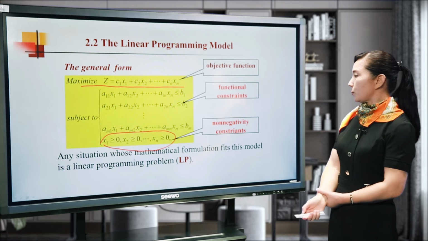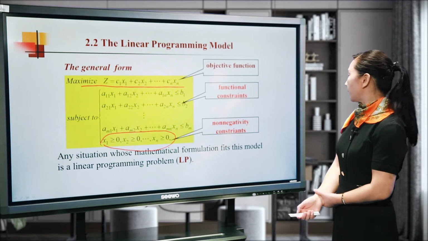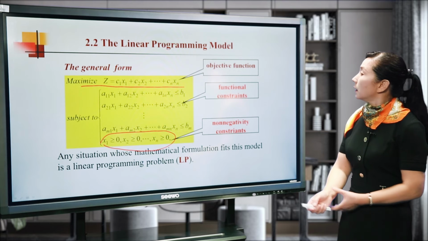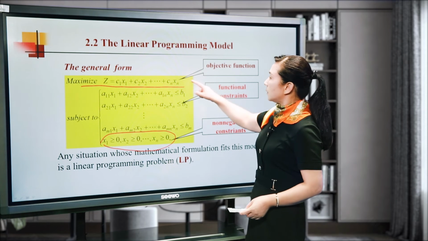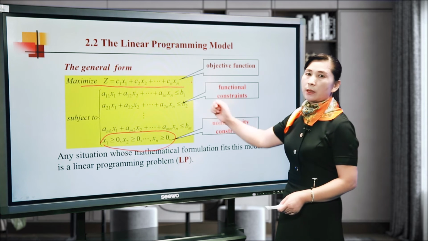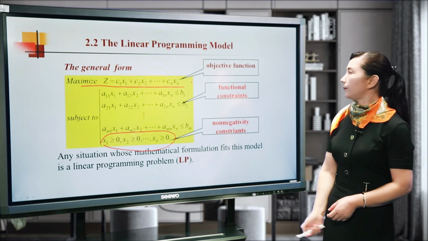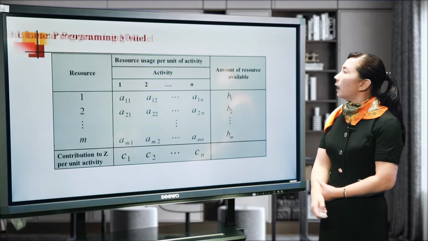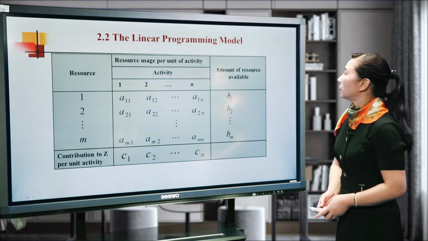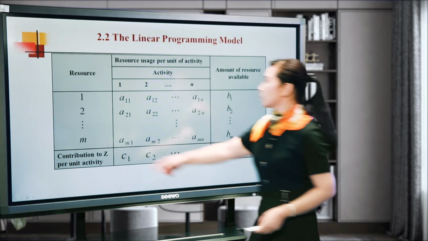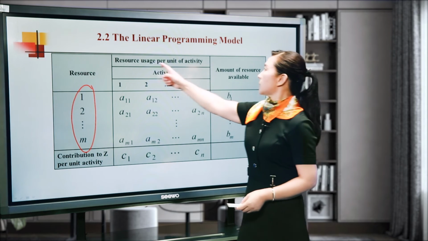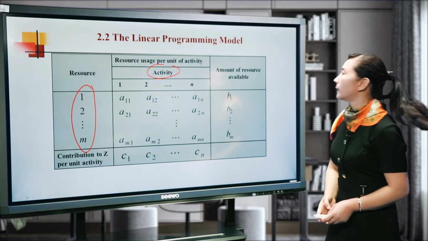Any situation whose mathematical formulation fits this model is a linear programming model. That is, the objective is linear and all constraints are linear too. So we call this model a linear programming model. And we describe this model in a table. In this table, this is resources. And the activities: activity means decision variable.